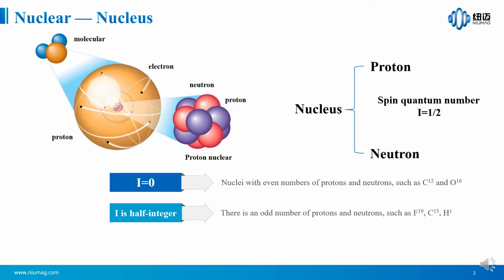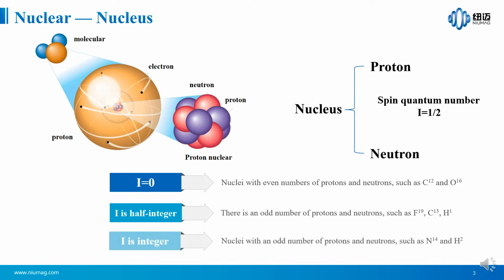The second type of nuclei is characterized by a half integer spin quantum number and an odd number of protons and neutrons. For example, fluorine 19, carbon 13, and hydrogen 1. The third is nuclei whose spin quantum number is an integer. These nuclei have an odd number of protons and neutrons, like carbon 14 and hydrogen 2.